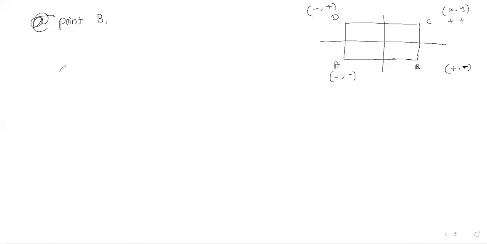Okay, so sigma B is equal to sigma naught plus sigma bx plus sigma by.